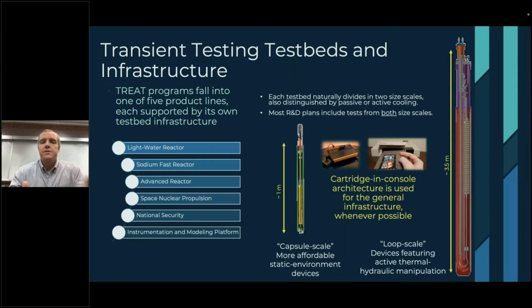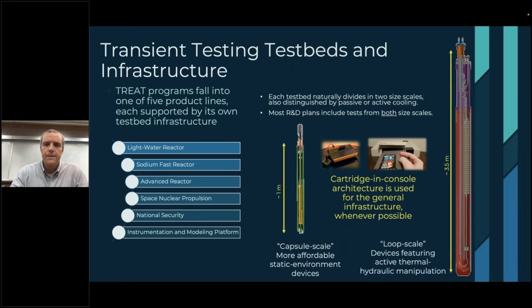As I mentioned earlier, the experimental infrastructure is designed to be modular and flexible. So we have these different test beds, and typically what we see in each of these test beds is we've ended up in two categories of test devices: usually a little bit smaller, more affordable scale test device, illustrated on this slide on the left, and on the right, larger scale test devices, such as this sodium loop.